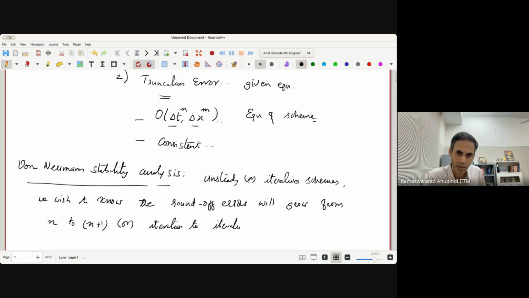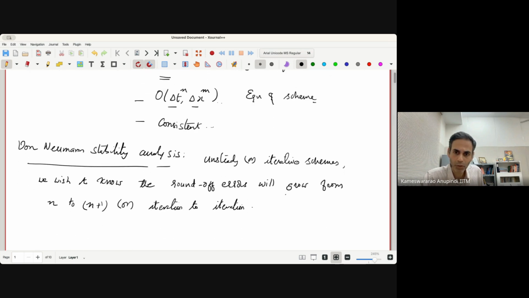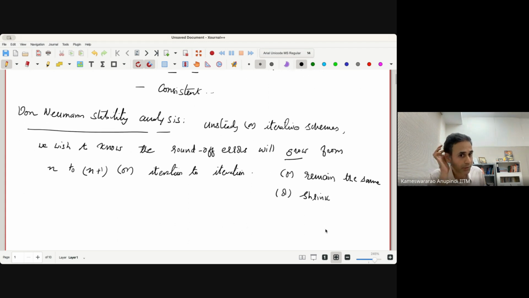We want to know whether they will grow, remain the same, or shrink. We want to characterize whether the round-off errors are going to stay the same, grow, or shrink.